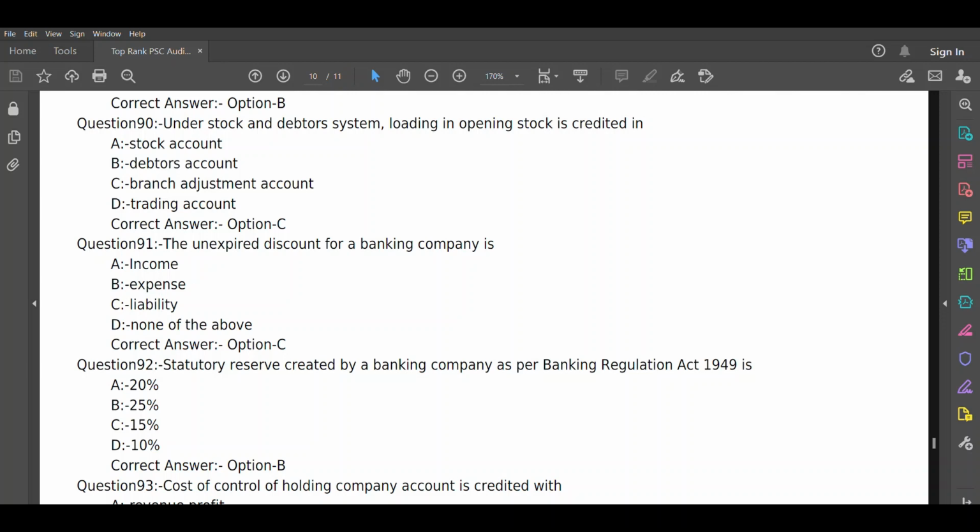The unexpired discount for a banking company is liability. Statutory reserve created by a banking company as per Banking Regulation Act 1949 is 25%.